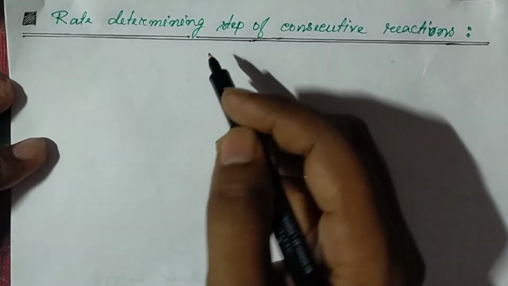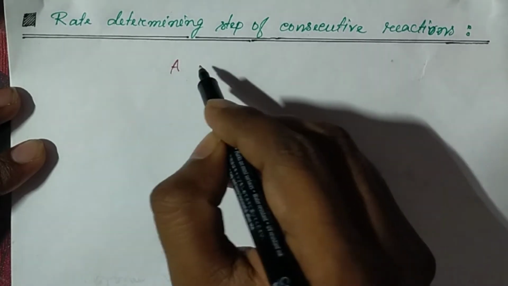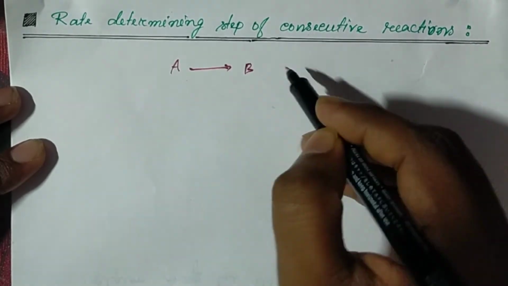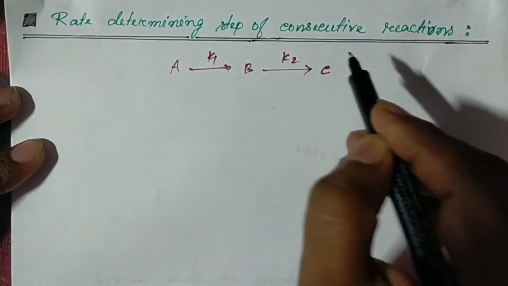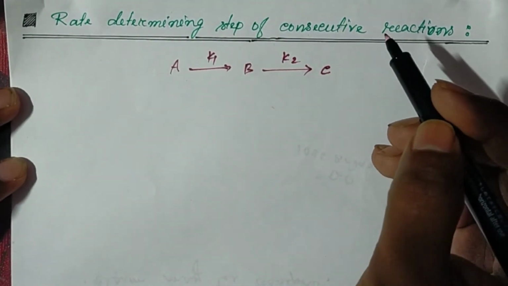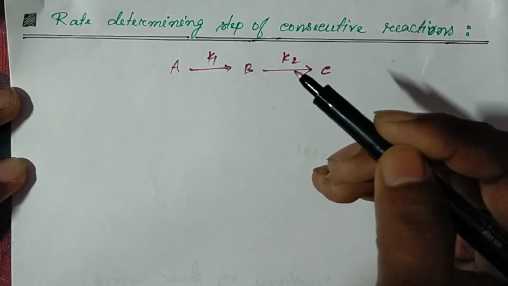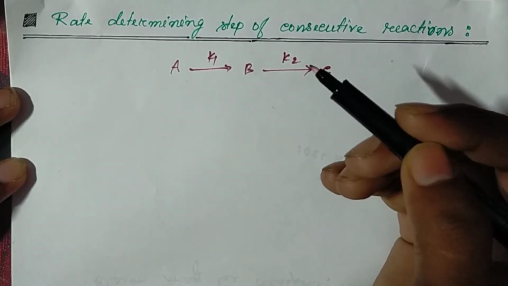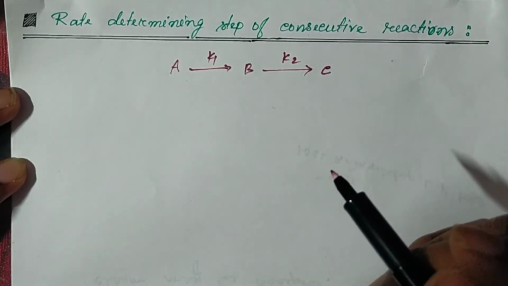So let's consider a consecutive reaction, A giving B, and B giving C, with rate constants K1 and K2. So quantitatively we can say which will be the rate determining step.